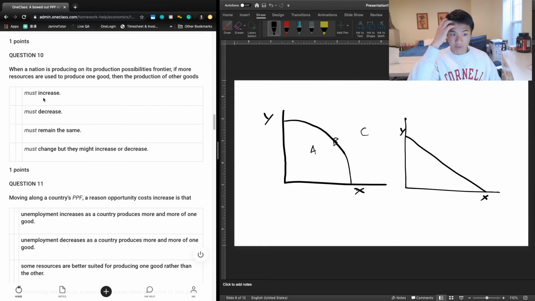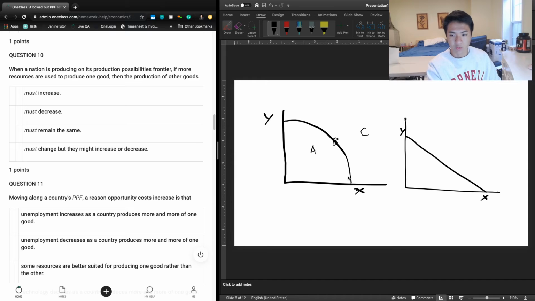Question 10. When a nation is producing on its PPF, if more resources are used to produce one good, then the production of other goods, and the answer choices are increase, decrease, remain the same, or may increase or decrease. Again, what the PPF tells us is if you're on this curve, on region B, and you use more resources for one good, you are by definition taking resources away from the production of another good.